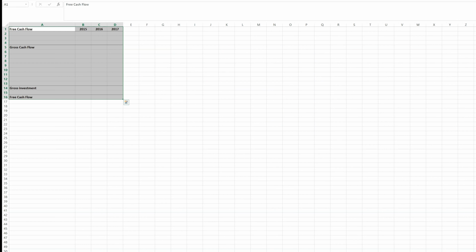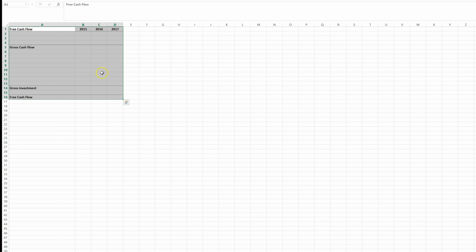What we want to do with this then is use all of this forecasted data to calculate what's called free cash flow. And free cash flow is all the money that's left over after the firm has paid all its bills.